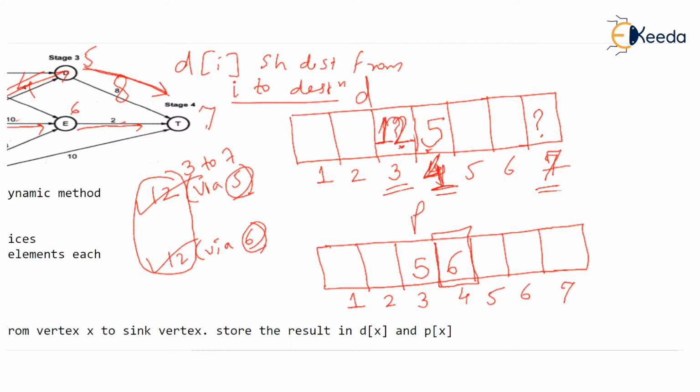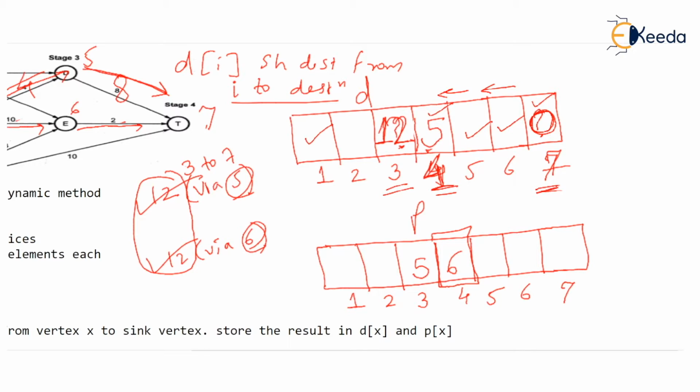So D7 is going to be shortest distance from 7 to 7 and that has to be 0. So the algorithm will begin by initializing D7 as 0. D of destination should be 0, indicating that the distance from destination to destination is 0. And then our algorithm will keep finding the values backwards. It will first find D6, then D5, then D4, and finally D1.